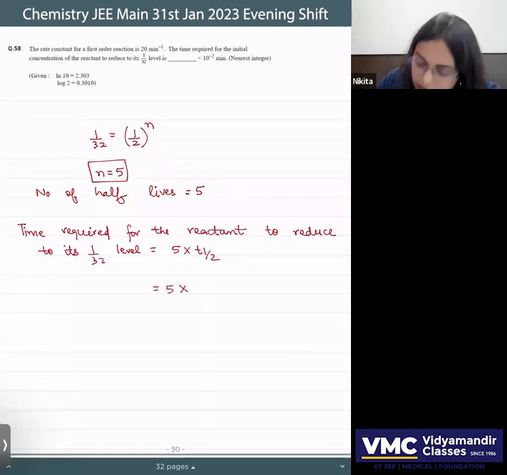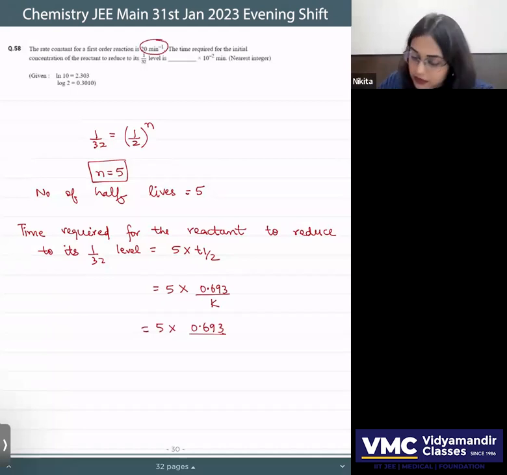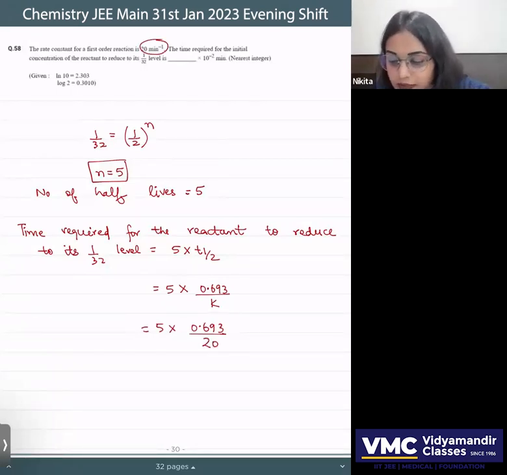And the value of T half for first order reaction, that is 0.693 by K, the rate constant, whose value is given to us as 20 per minute. Correct? So we'll solve this.